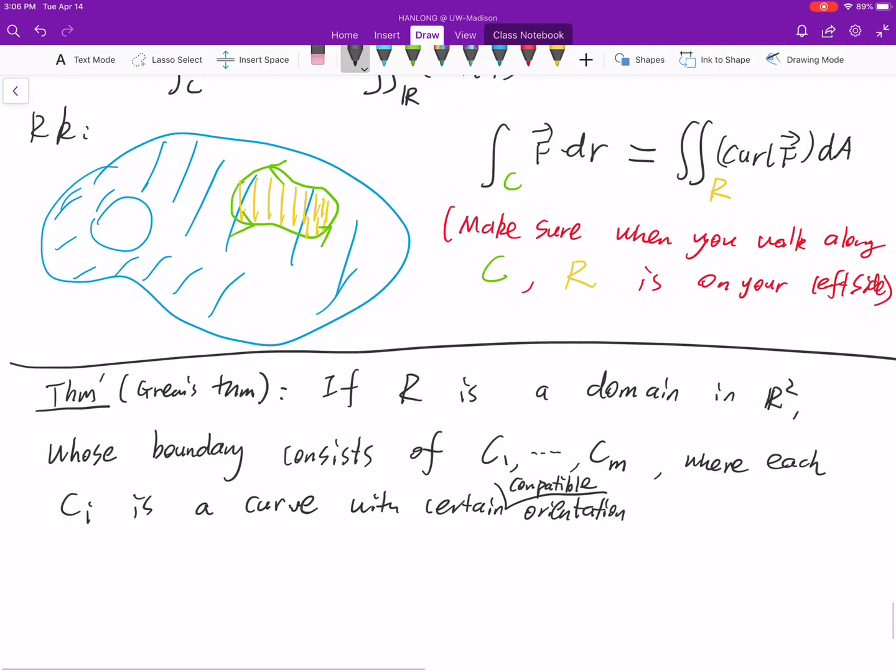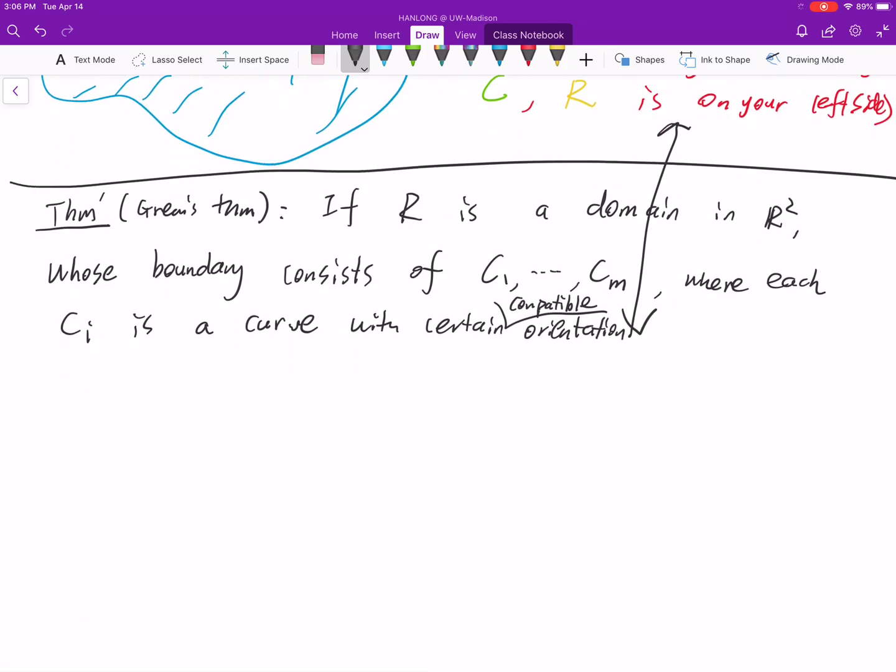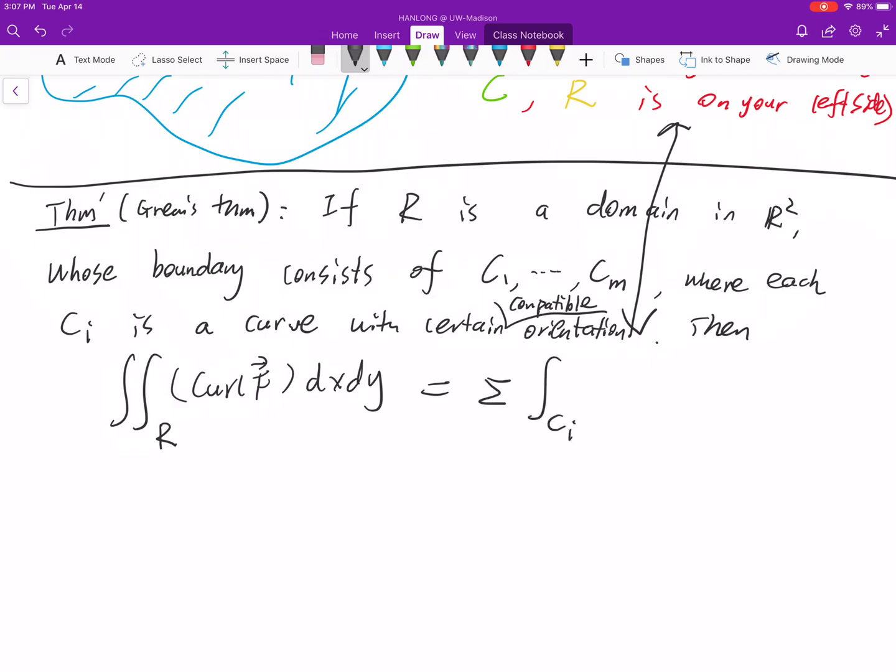So compatible just means this one. Then the double integral of curl F dx dy equals the summation over i from 1 to m of the integral of F dr along Ci.